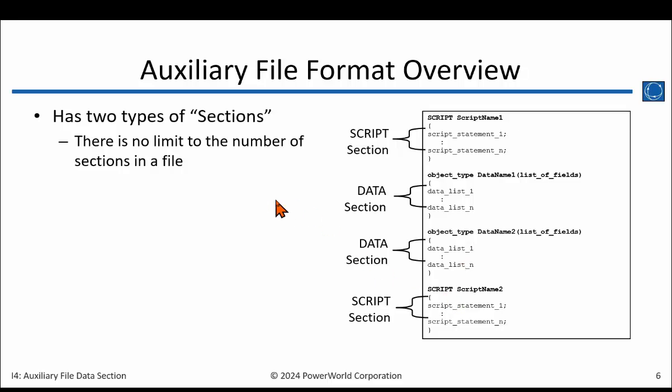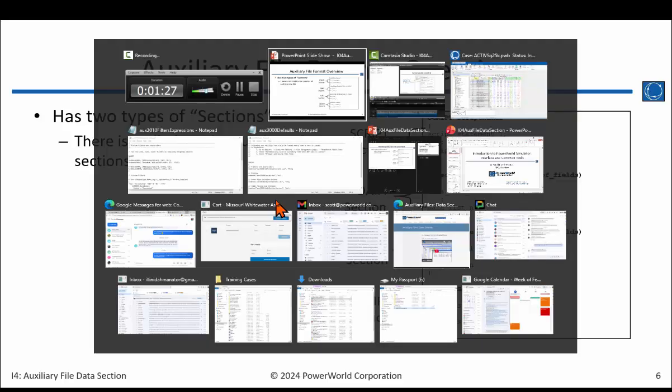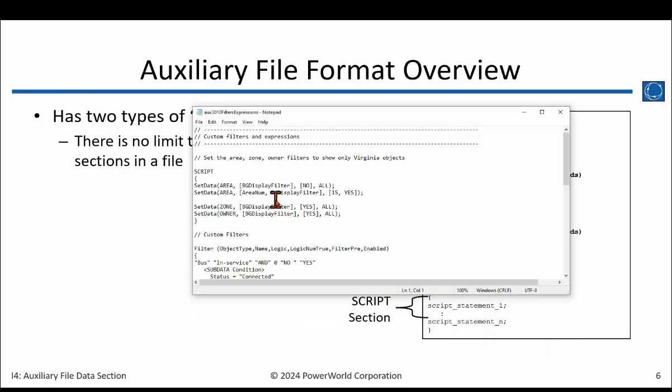If we go back to the filters and expressions that we opened earlier, then we can see some examples of this. Here's a script section. It does not have a name. Again, that's optional and only really needed if you want to just invoke a single section from within a file when you load it.